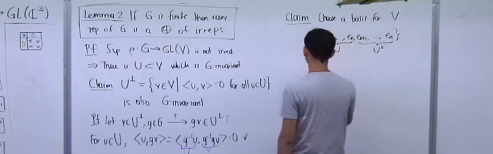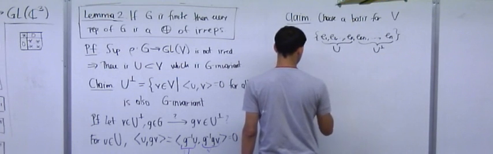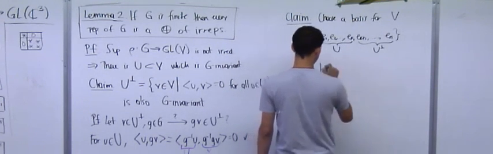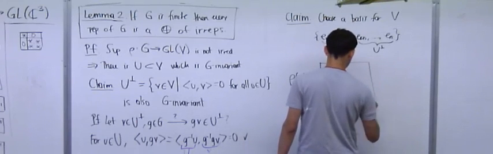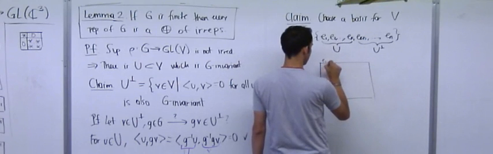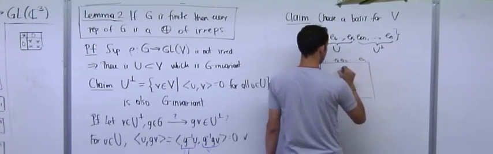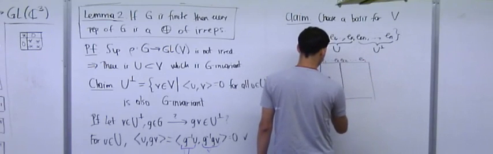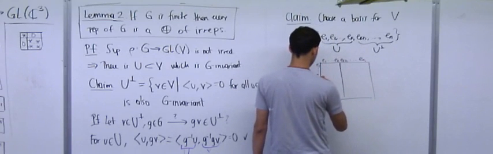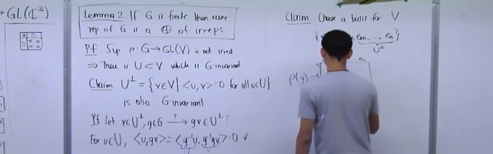And then what is rho of a group element? Well, here's E1 up to Ek, here's Ek plus 1 up to En, here's E1 up to Ek, Ek plus 1 up to En.